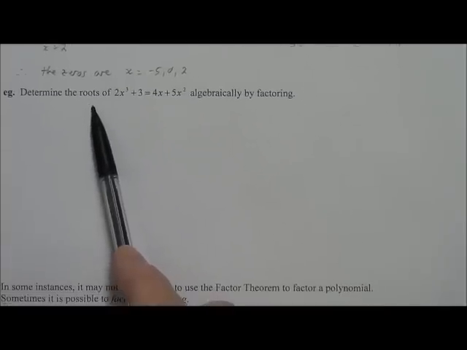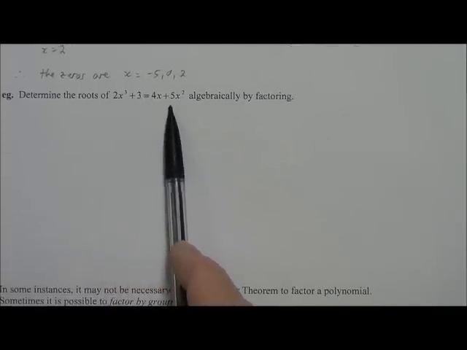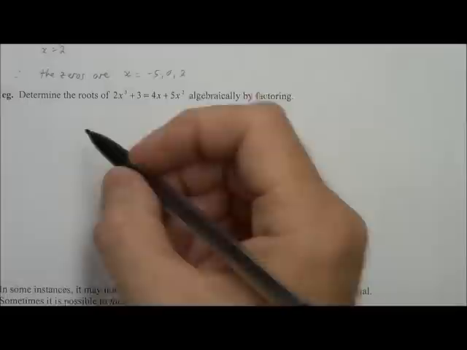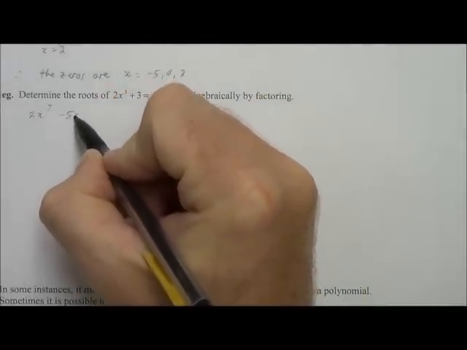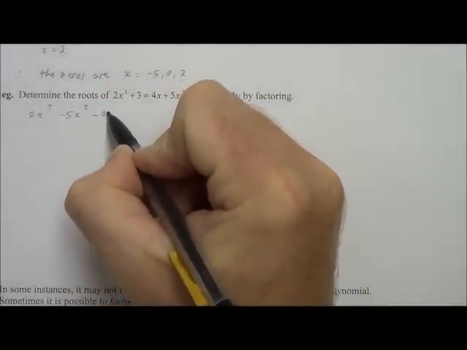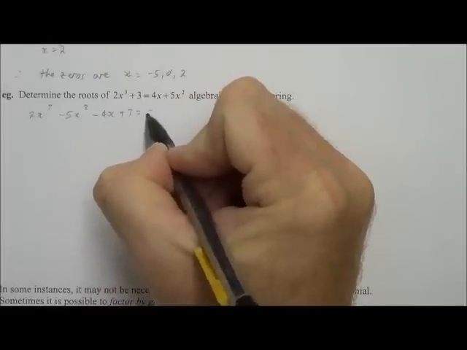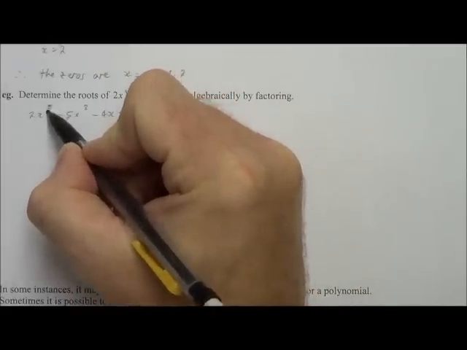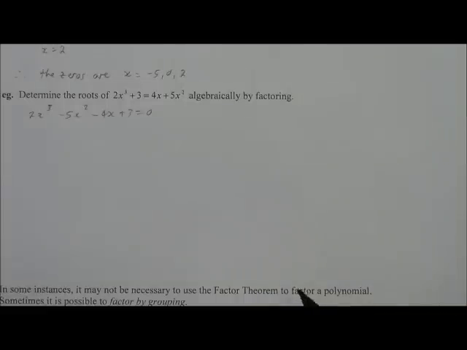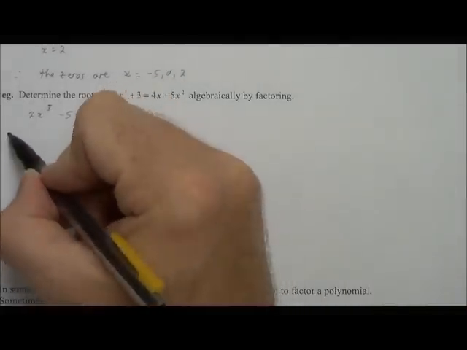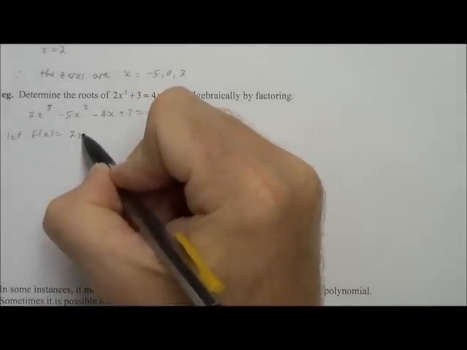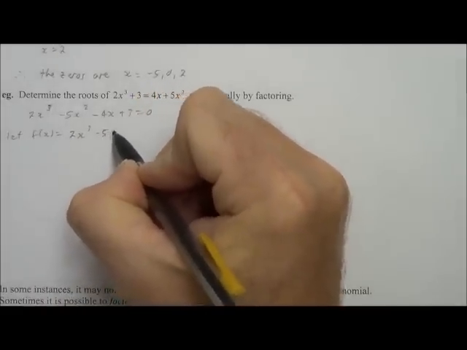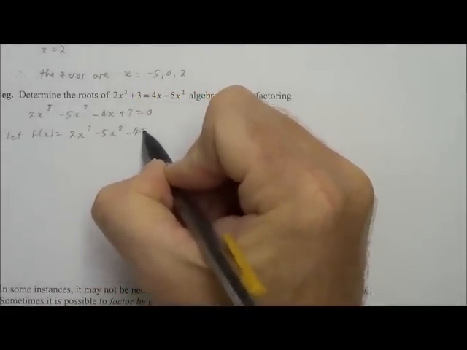So we can rearrange this equation and set it equal to 0. We would get 2x cubed minus 5x squared minus 4x plus 3 equals 0. So I'm going to let f of x equal 2x cubed minus 5x squared minus 4x plus 3.